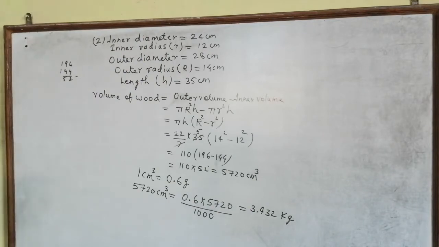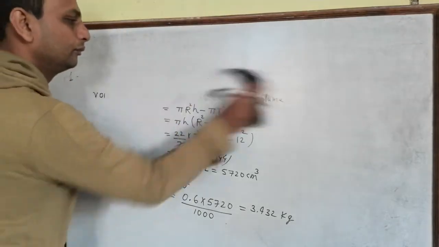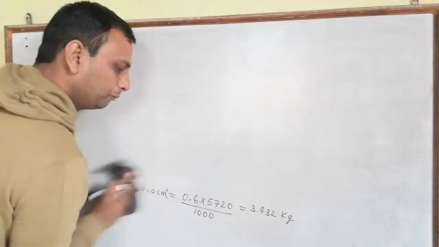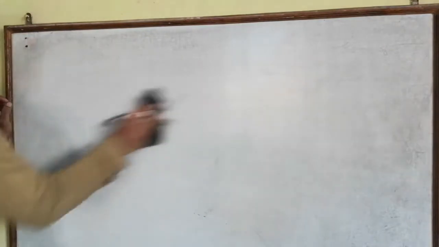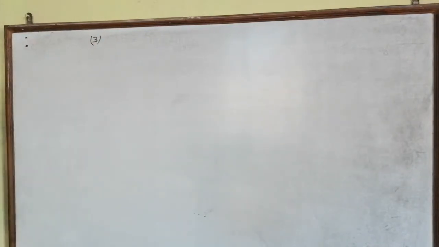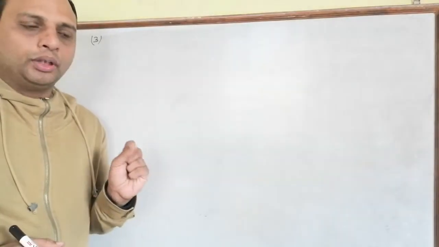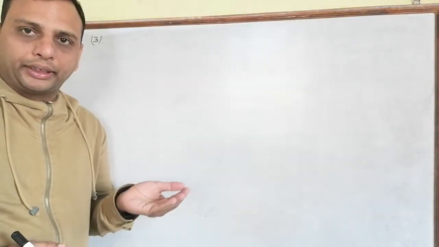Now question number 3. The third question says there are soft drinks that came in two forms. One is the cylindrical form, the other has a rectangular base.